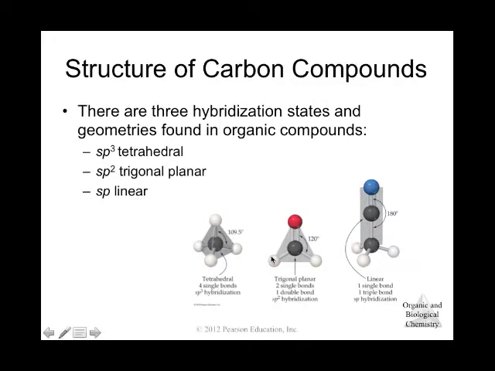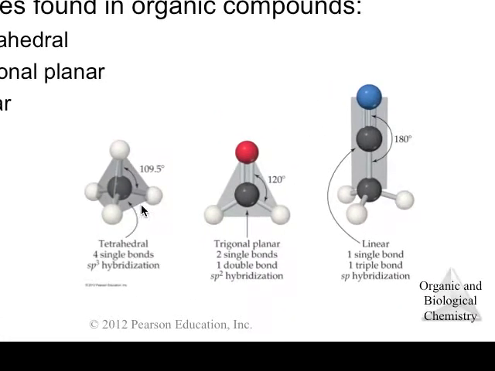The structure of carbon is easiest to understand, when you hear the nomenclature and the way that it's discussed, by looking at the geometry around a carbon atom as the central atom.